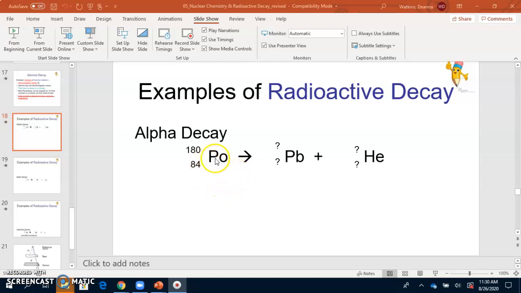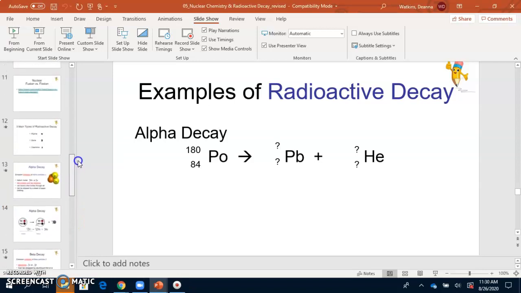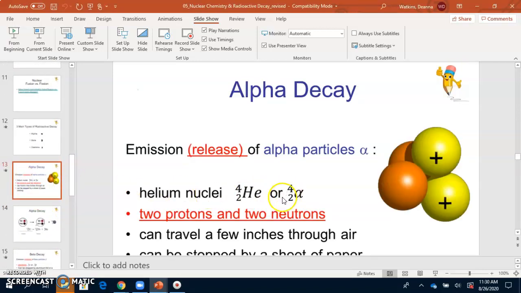We are starting with polonium 180. Polonium has an atomic number of 84 and has a mass number of 180. First things first, we automatically know that if it is alpha decay, it is going to release a helium particle. If we flip back up to alpha decay, you will notice that this is a helium particle.